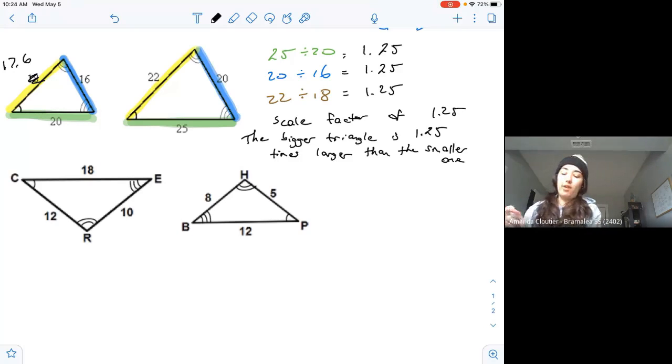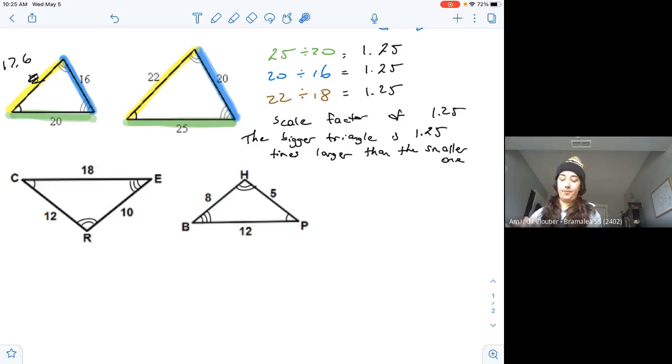You can always find matching sides by looking at the loops of the angles. If we have a single loop and a triple loop, that's one side. Where can I find a single loop and a triple loop on my smaller triangle?